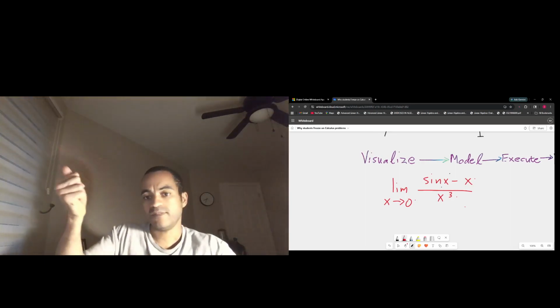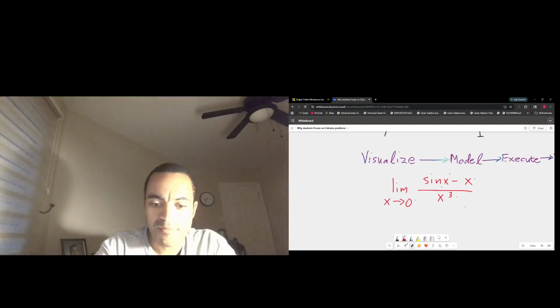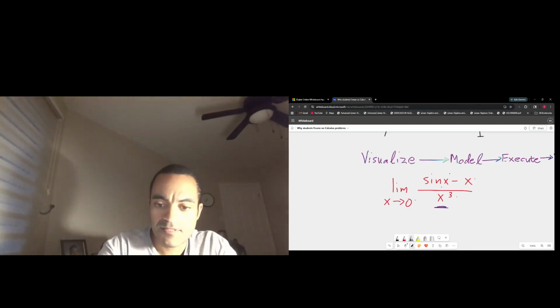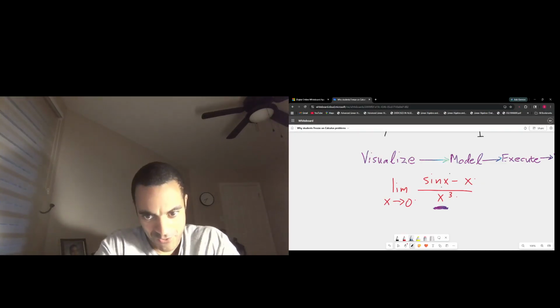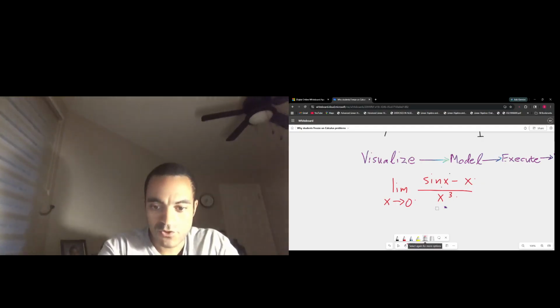We have to check for indeterminacy. In the denominator, you'll notice that this x cubed, if I plug in x goes to 0, I get indeterminate. A lot of you are making the mistake of putting x equals 0 into your denominator. Don't do that. That's nonsense. What you have to do is do the following.